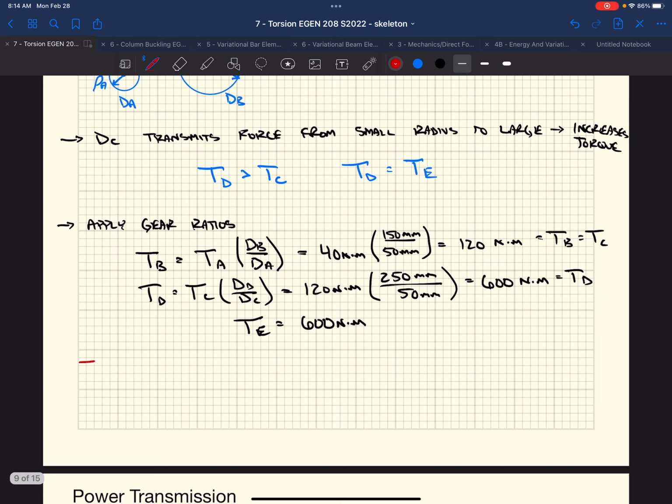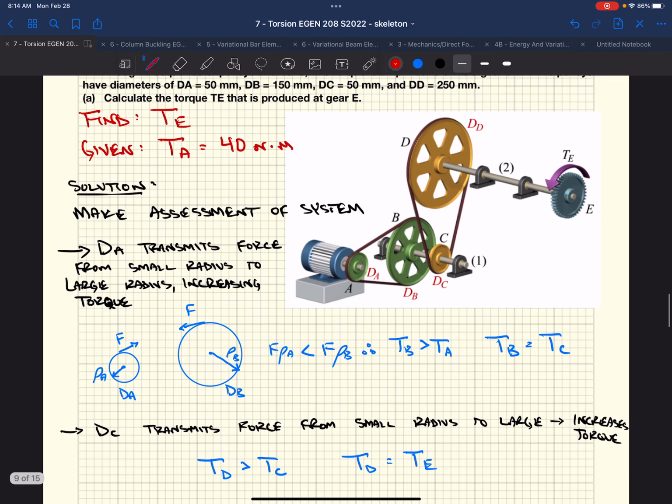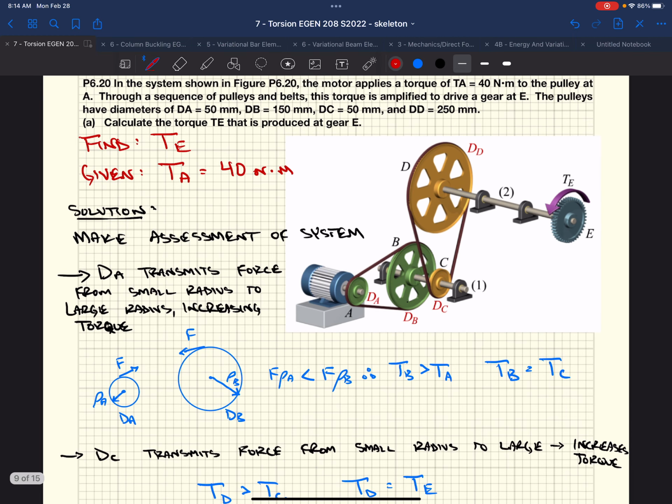We also could continue to calculate a number of things related to this system, right? We could figure out what the stresses are based on the applied torques to each of our shafts to make sure that they are adequate, right?